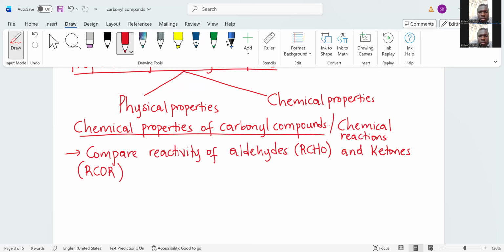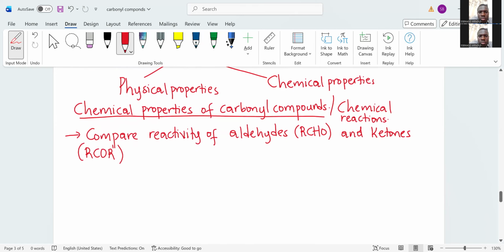So what are the key takeaways under this? We want to look at these two classes of carbonyl compounds, then you compare the rate at which they react. Don't forget that both classes are generally made up of this group in black, the carbonyl functional group.